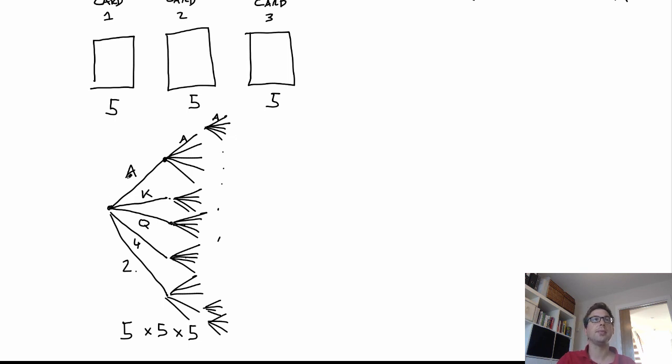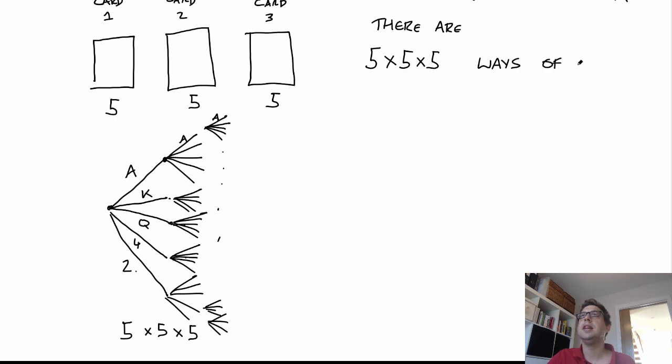So there's 125 things. There are 5 times 5 times 5 ways of dealing these cards.